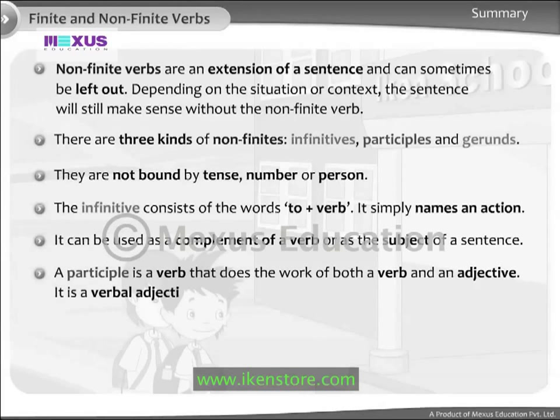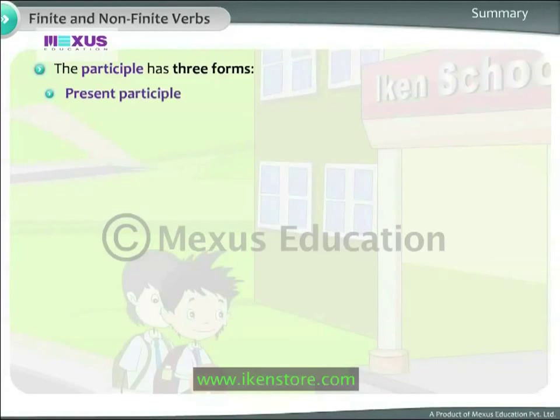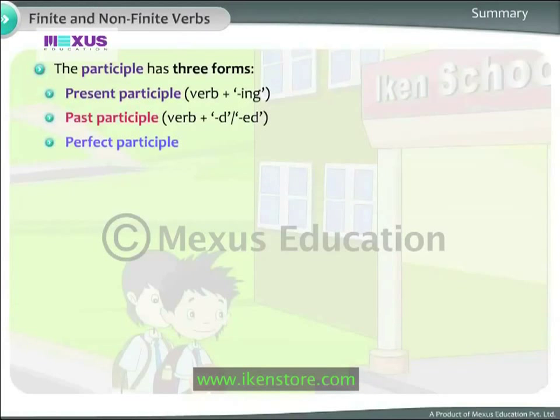It is a verbal adjective. The participle has three forms: present participle, verb plus ing; past participle, verb plus d or ed; perfect participle, having plus d, ed or en.